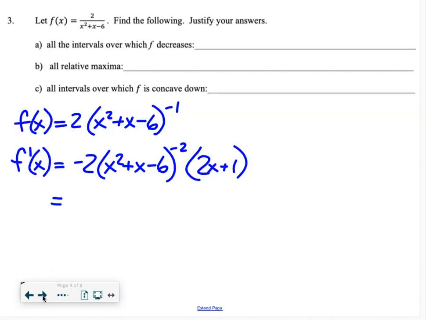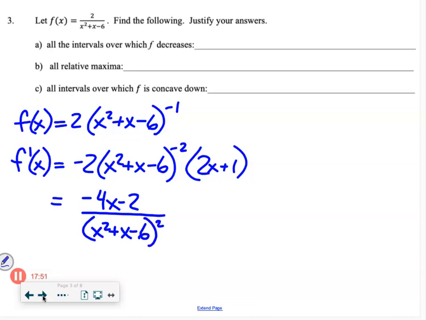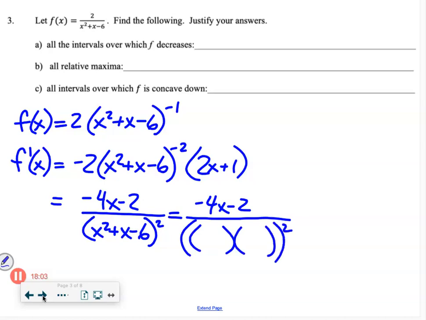No, I'm going to distribute. I'm going back and forth, but -4x minus 2 over (x squared plus x minus 6) squared. This bottom factors into (x plus 3)(x minus 2).